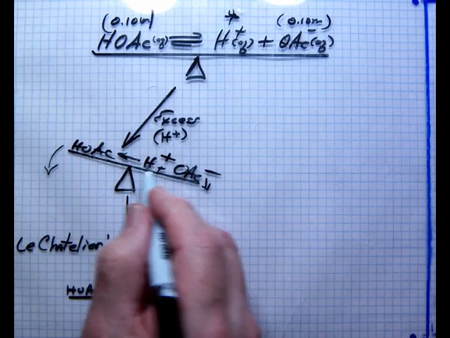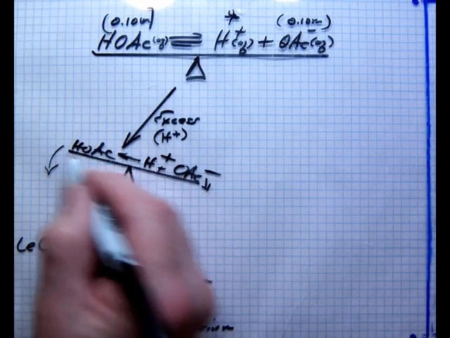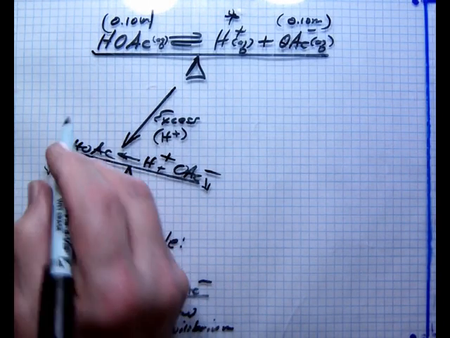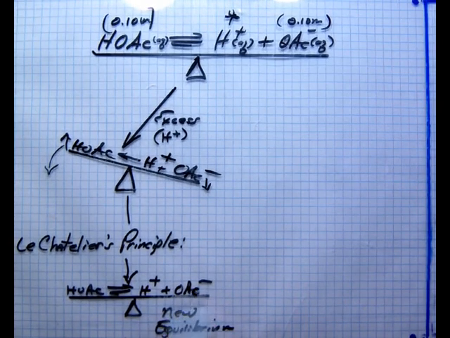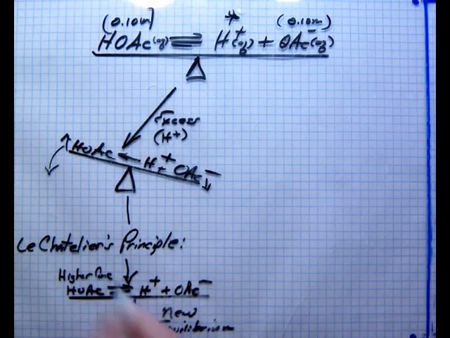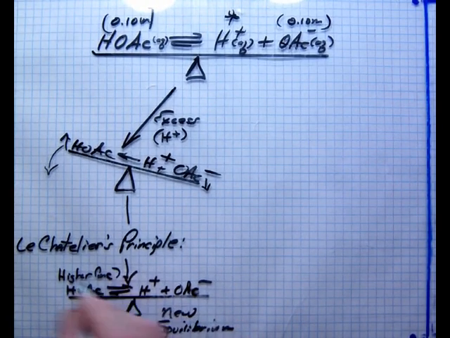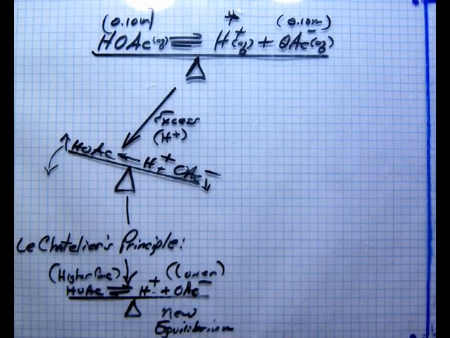And it'll continue to go down until you absorb enough of the excess hydrogen and create enough acetic acid, whose concentration is going up now, to reestablish the new equilibrium. So the HOAc in the new equilibrium is higher. And the OAc in the new equilibrium is lower, in an amount equal to how much acid you had to take out of the system.